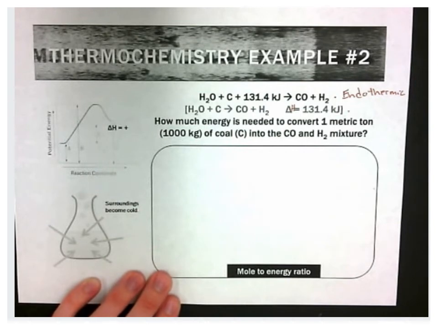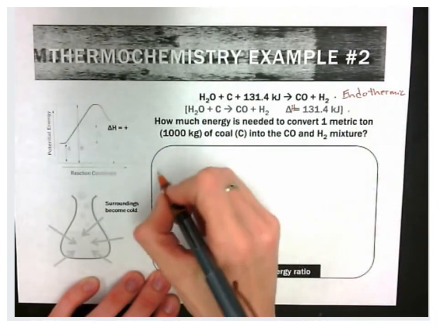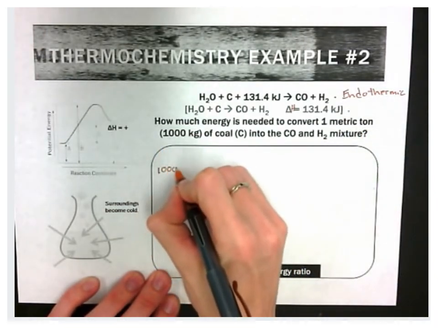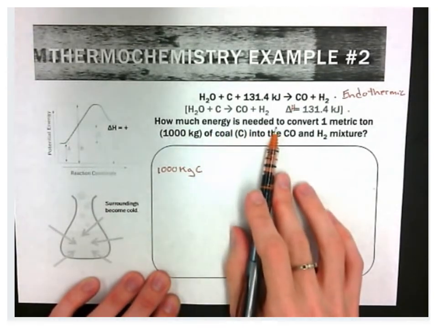Okay. Calculations are really done the same way though. You have 1 metric ton, in other words 1,000 kilograms of coal. Okay. I want to know how much energy is needed.